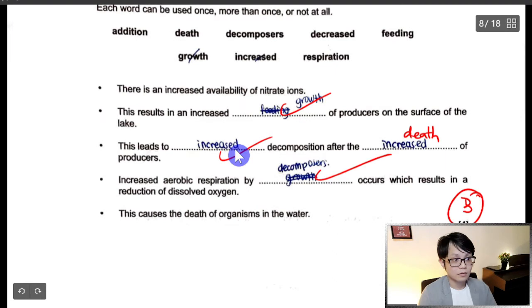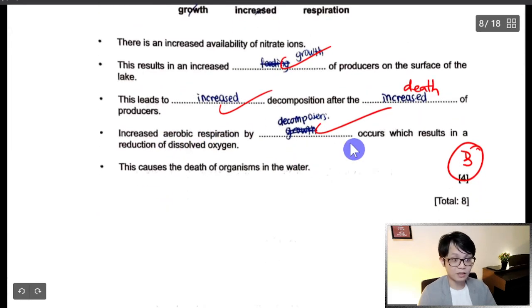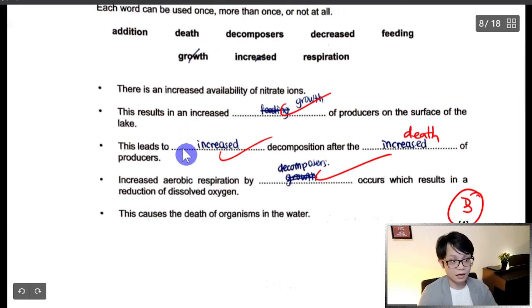So the result: the increase of nitrate ion increases the growth of the producers in the lake, correct? This leads to an increase in the decomposition of the dead producers. Okay, the death of producers increases. So when the death of producers increases, the aerobic respiration by decomposers results in a reduction of dissolved oxygen. Yes, because at first you get a lot of nitrate, a lot of plants will grow, and then they will die very fast.